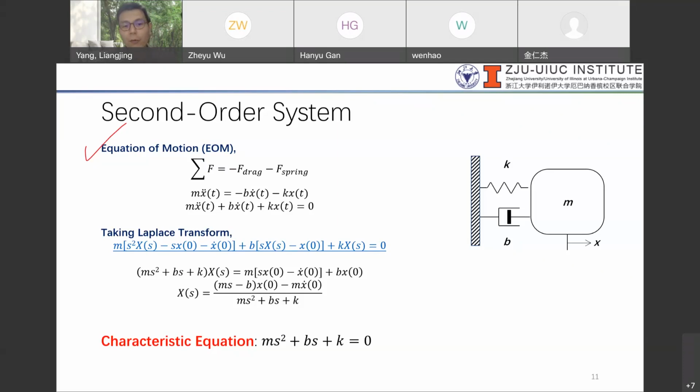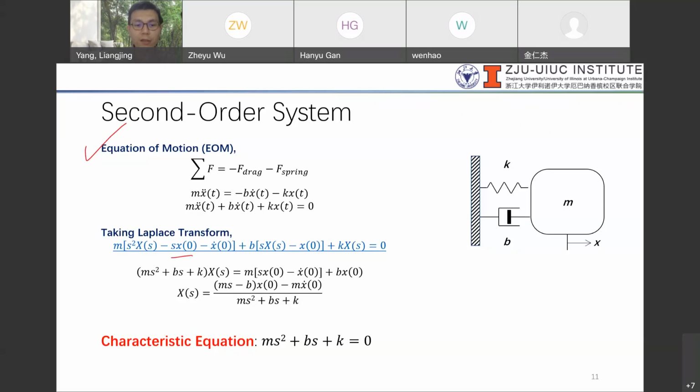And if you recall how we can change it into S domain, right? S domain is when you do a Laplace transform. Okay, so if you consider the initial value to be 0, right? So in this case, we actually put in the initial value, all right?